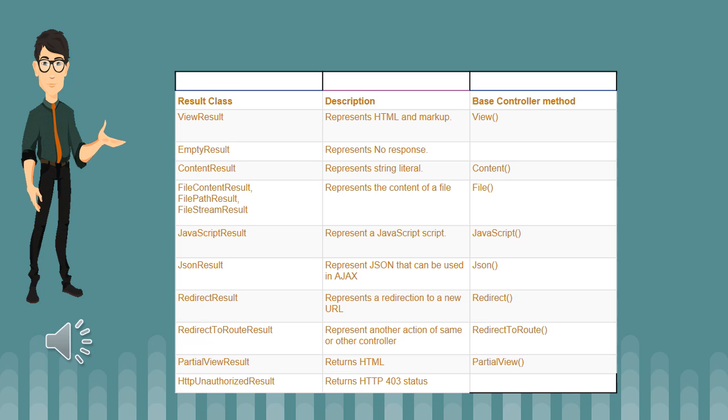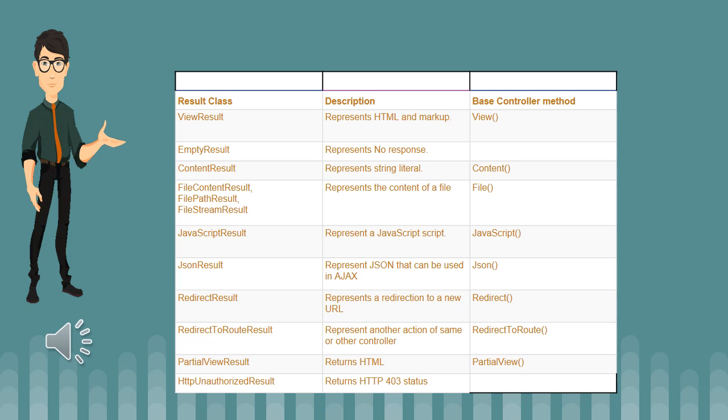JsonResult represents JSON that can be used in Ajax: Json. RedirectResult represents a redirection to a new URL: Redirect. RedirectToRouteResult represents another action of the same or another controller: RedirectToRoute. PartialViewResult returns HTML: PartialView. HttpUnauthorizedResult returns an HTTP 403 status.